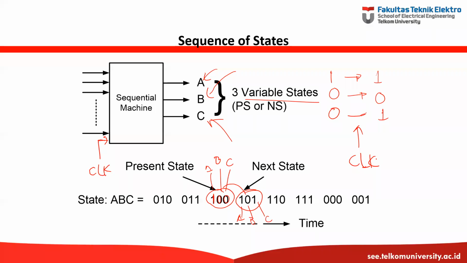So the state right now is 1, 0, 0. Clock, it will become 1, 0, 1. Clock again, it will become 1, 1, 0. So B will change to 1, C will change to 0. And then clock again, it will become 1, 1, 1. Clock again, 0, 0, 0. Clock again, 0, 0, 1, etc. This is what we call a sequence of states.